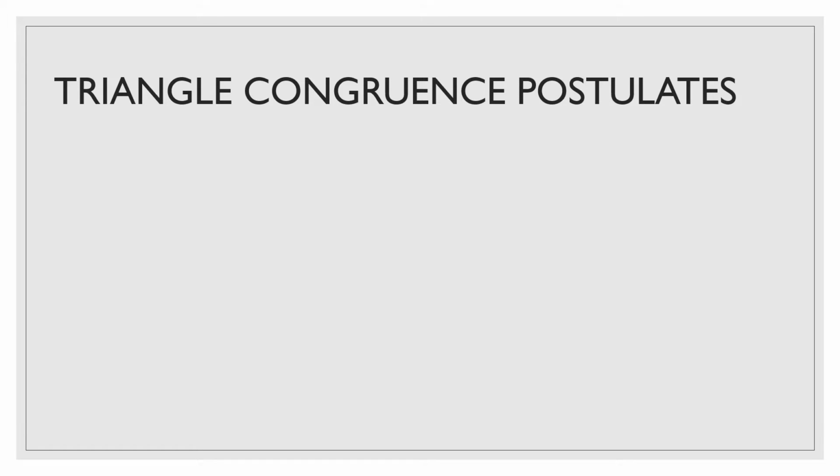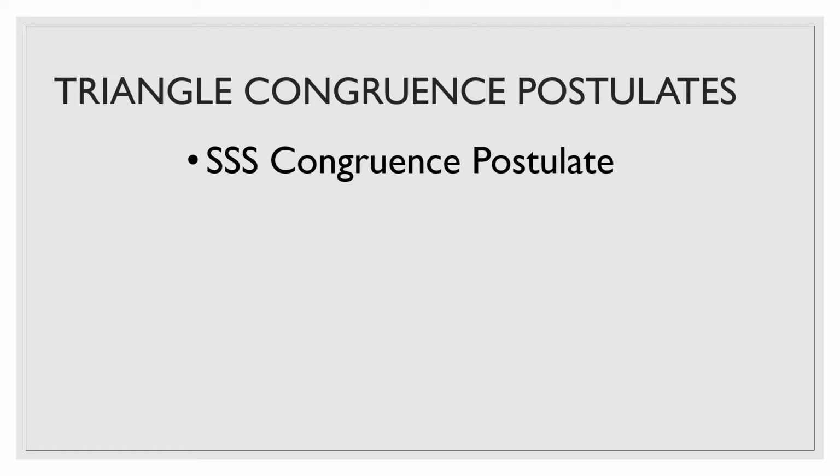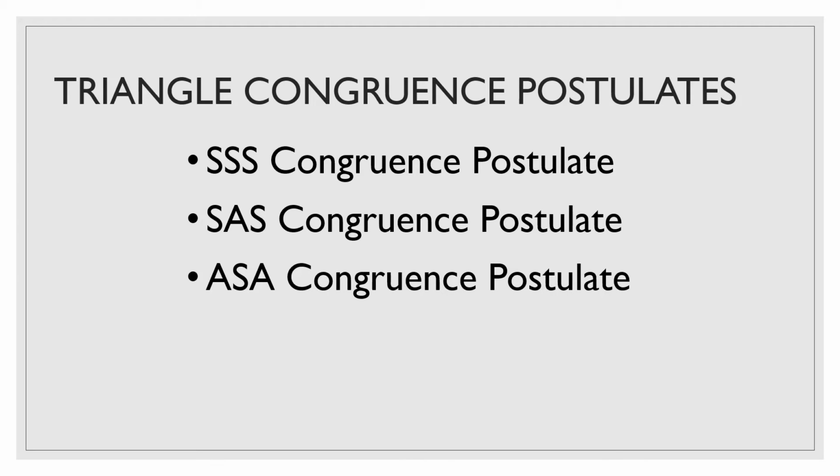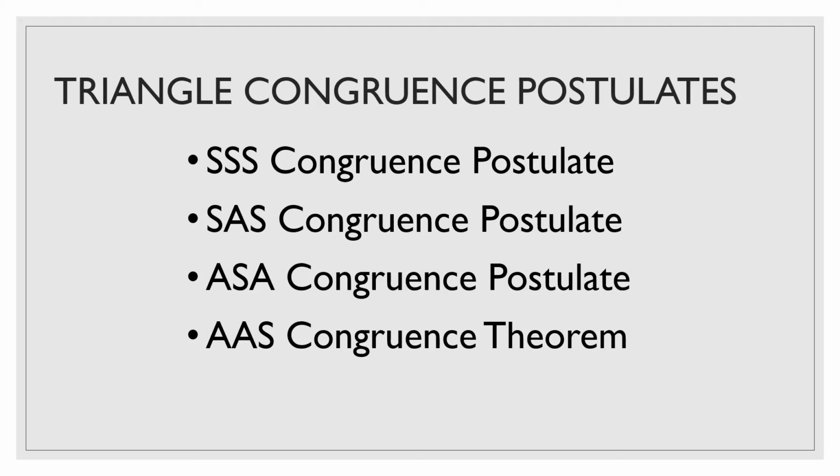With the help of triangle congruence postulates, we can show that two triangles are congruent, using the SSS congruence postulate, SAS congruence postulate, ASA congruence postulate, and additionally, AAS congruence theorem.